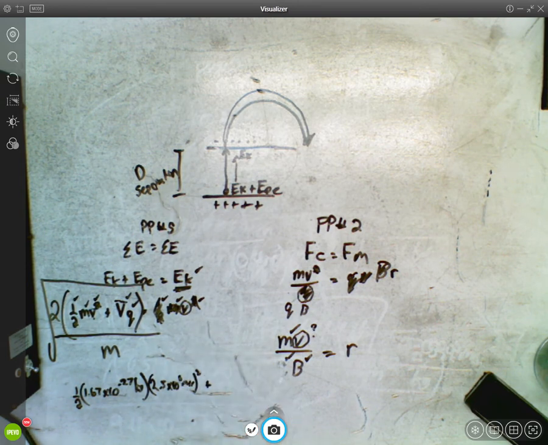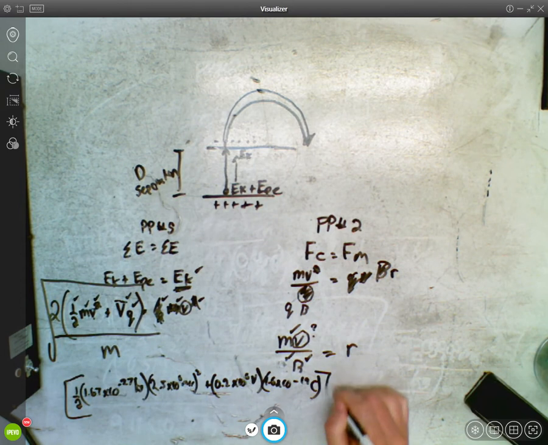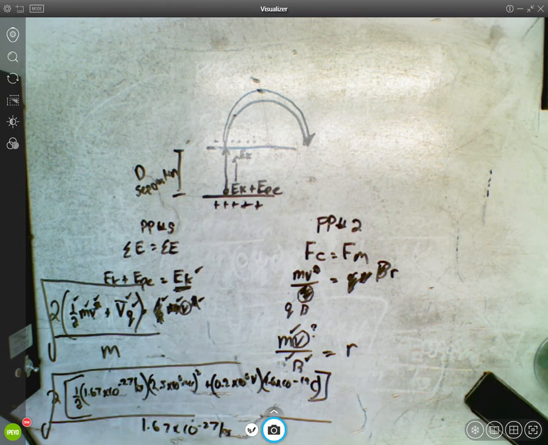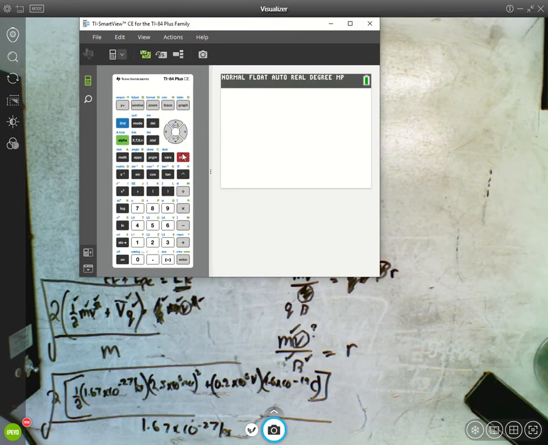Okay, and then our voltage is 0.2 megavolts, so mega is times 10 to the 6. So 0.2 times 10 to the 6 volts, and our charge is 1.6 times 10 to the negative 19 coulombs. So that's all the stuff inside the brackets. I'd have to multiply it by 2, divide it by 1.67 times 10 to the negative 27 kilograms, and then square root it. So I'm definitely going to do that on my on-screen calculator so you can see how I would type it in. So I'm going to do all that stuff inside the brackets here first.